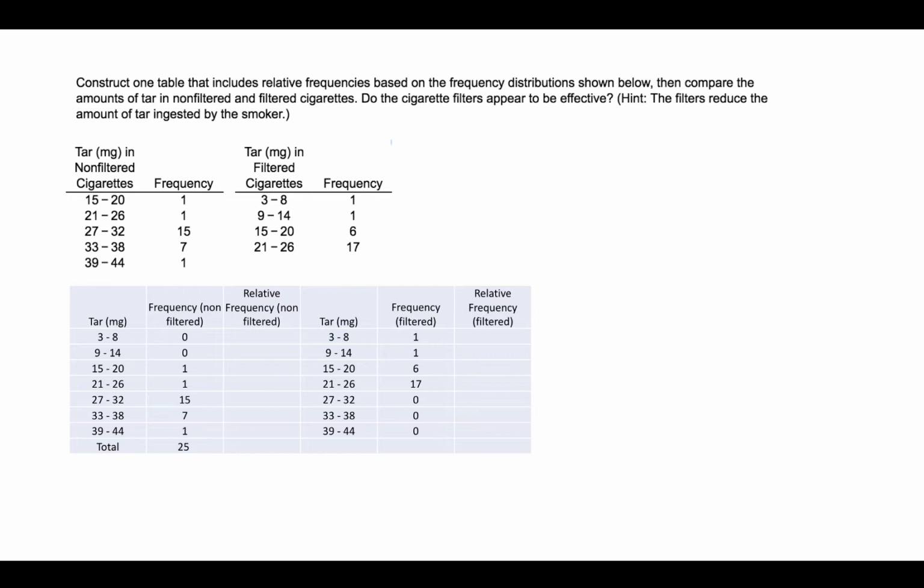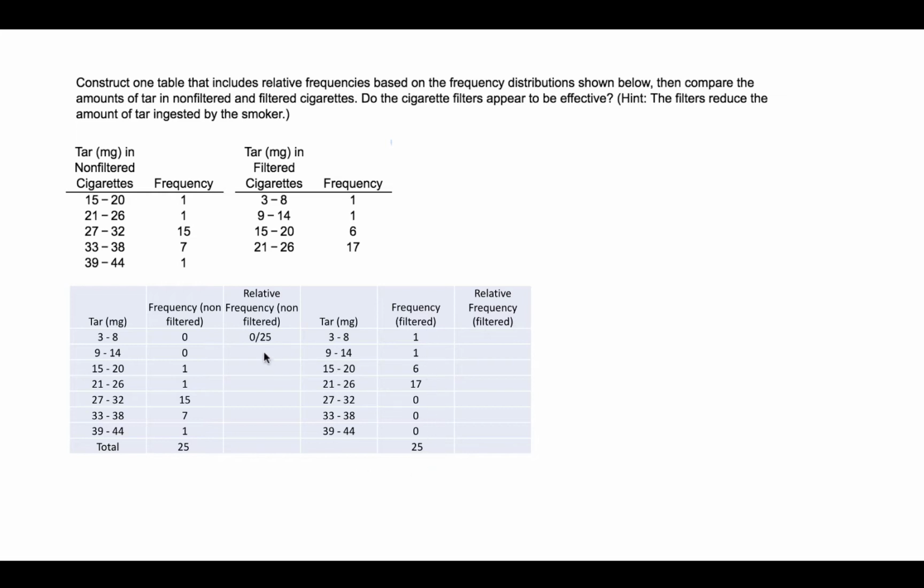In order to find relative frequencies, we would first need to have the total number of frequencies for each of these distributions. So adding these frequencies up, we would get 25 for the non-filtered cigarettes. The total is the same for the frequency distribution for the filtered cigarettes.